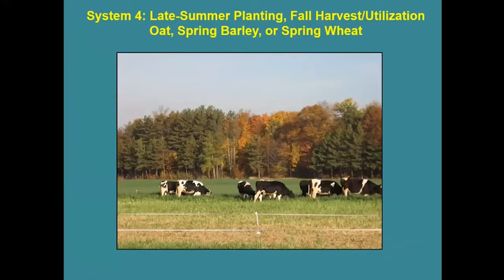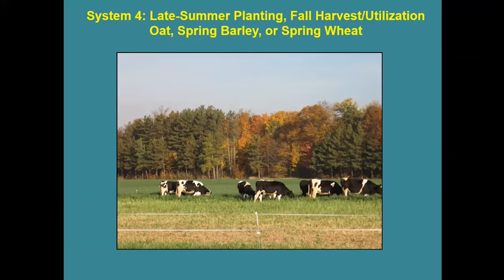Now, I want to spend a considerable amount of time here at the end on the system that we have been working on in central Wisconsin for many, many years. That involves a late summer planting of these cereal forages and then fall harvest and utilization before winter. I've used the word oat here.